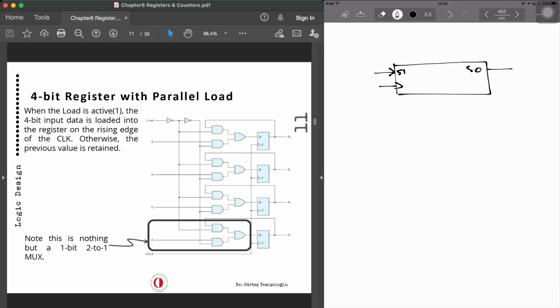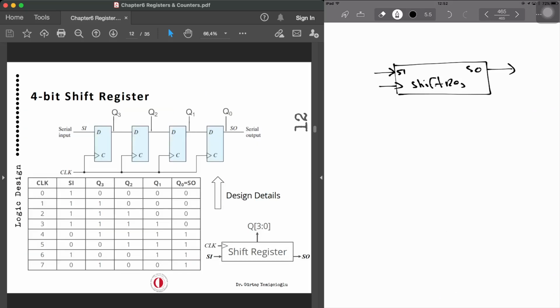Okay, so this is input, this is output, just to represent it. This is known as shift register. You can have 8-bit, 16-bit, 32-bit, depending on the architecture that you are using. We can implement a shift register. And this is also demonstrated in the slide. I hope it is clear.